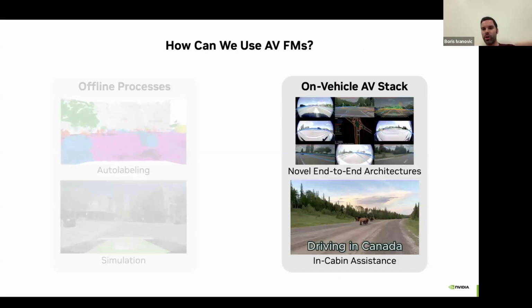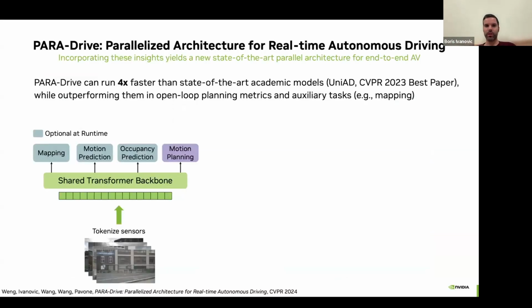Now, moving on to the on-vehicle AV stack. Earlier in the year, our group presented a work called Paradrive, which conducted a very large set of experiments in moving different blocks of AV stacks around and connecting them in different ways, all towards the goal of finding the best configuration of AV stack modules.